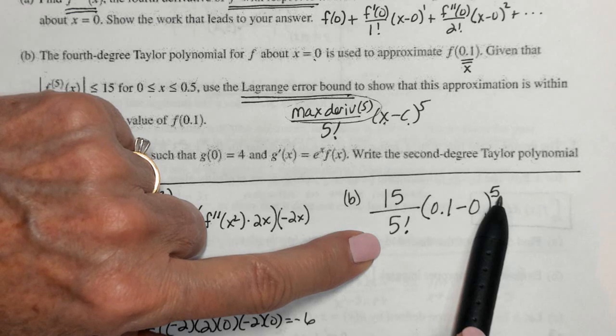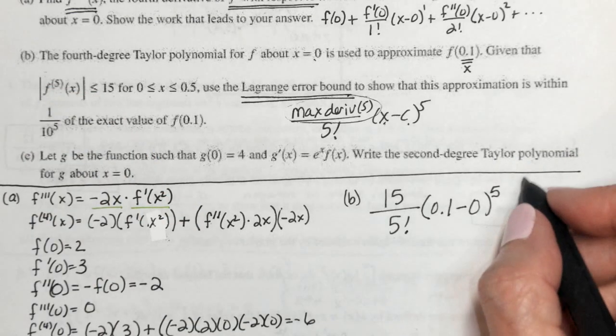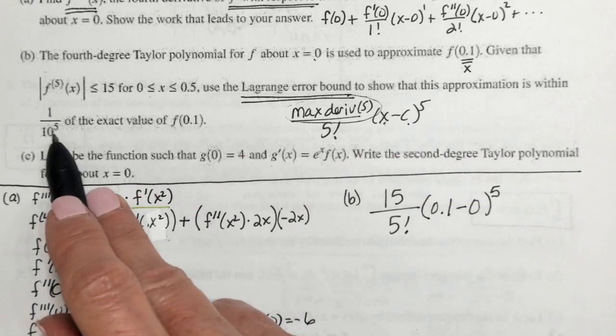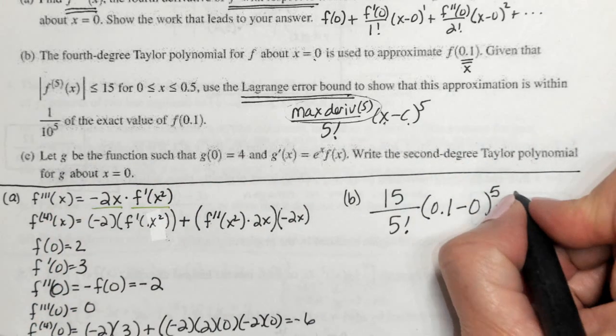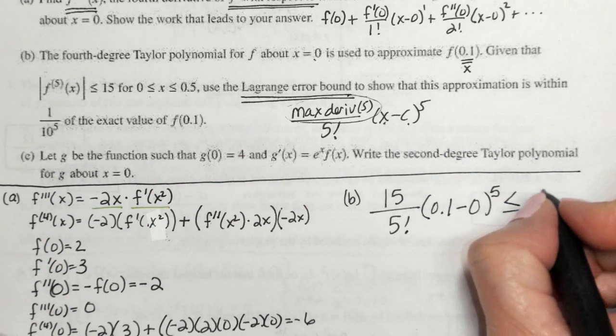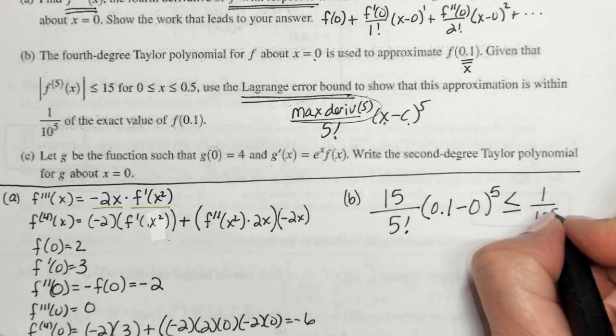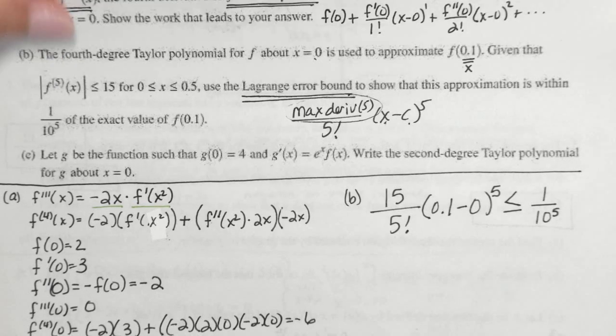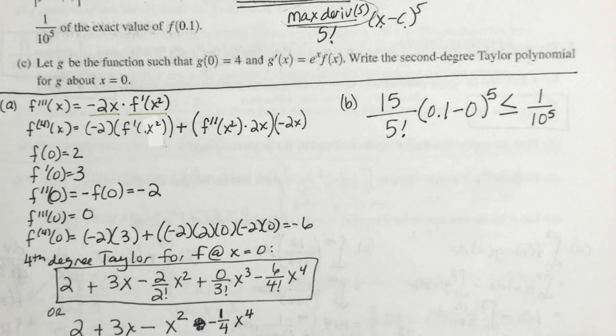And they want me to say that that is within 1 over 10 to the 5th. So that is within 1 over 10 to the 5th. Okay? Done. That's it.